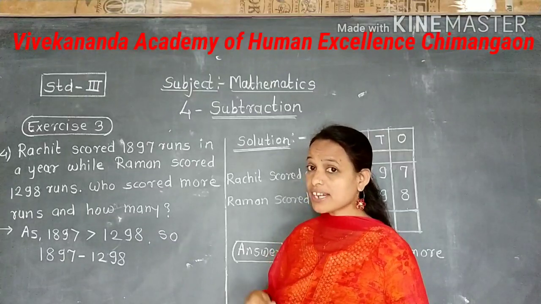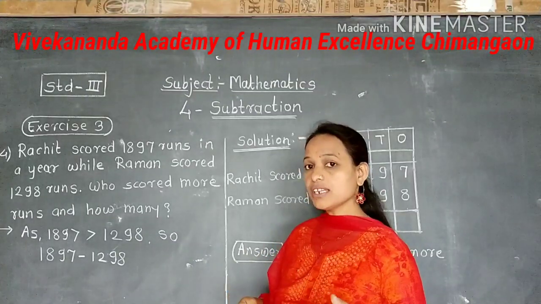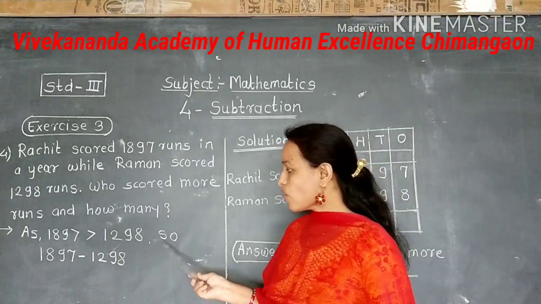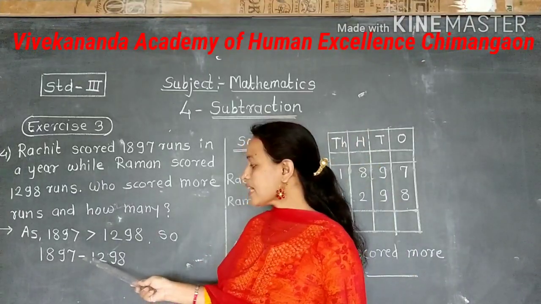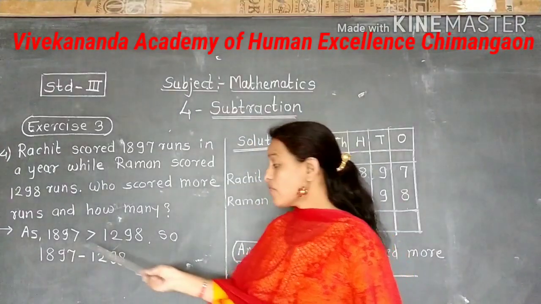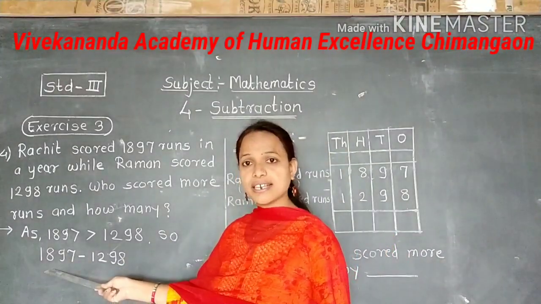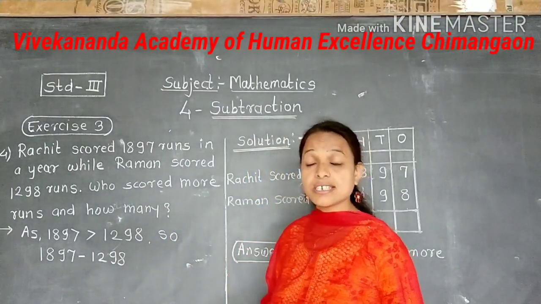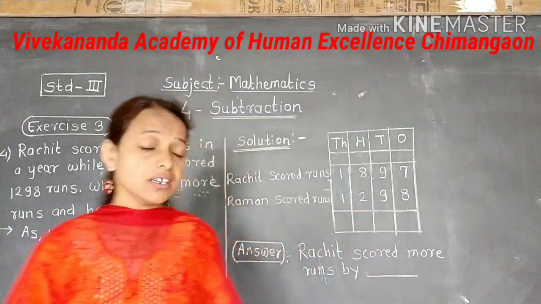Now we have to find out by how many he scored more. So for that we have to subtract 1298 from 1897. So now let's see its solution. So look here.